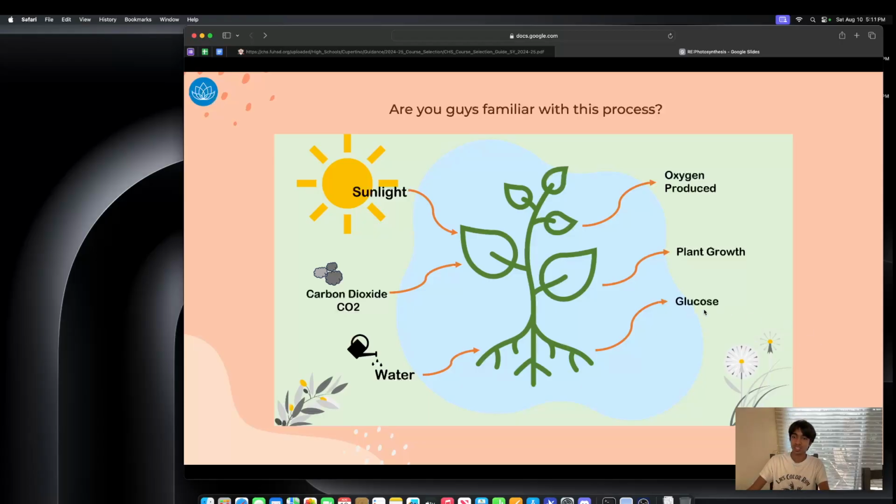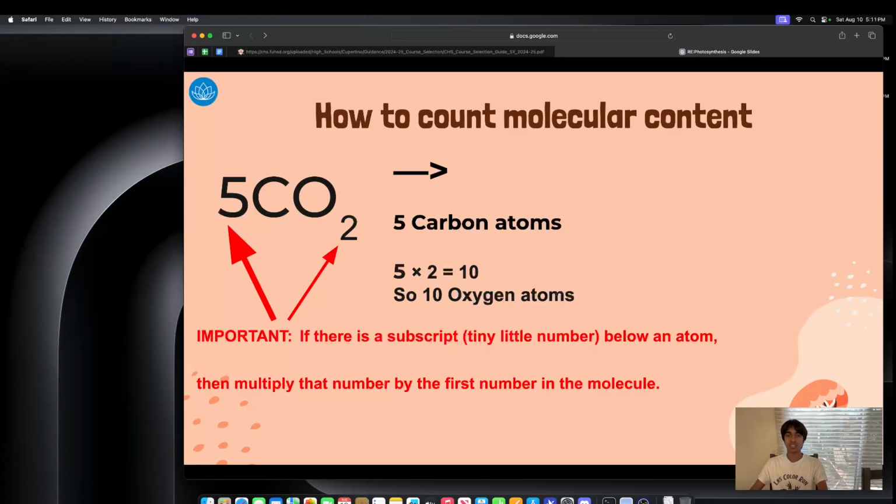The glucose the plant makes will also be used for cellular respiration, because plants do both cellular respiration and photosynthesis. Before we start, this is how to count molecular content. You see this 5 before the C over here? That means 5 carbon atoms. If there's a number before a letter, that indicates the number of atoms, and C is equal to carbon.